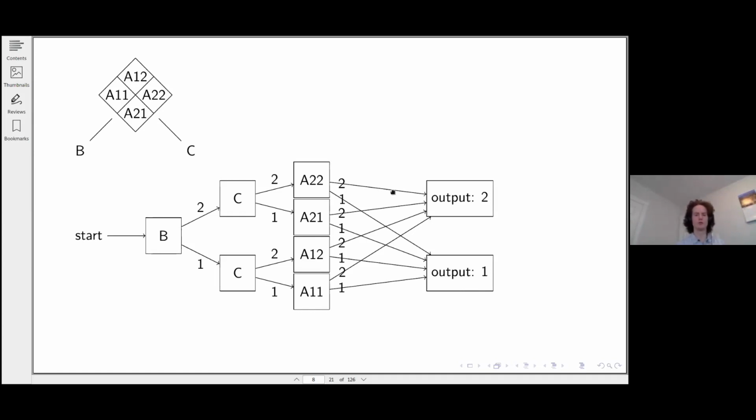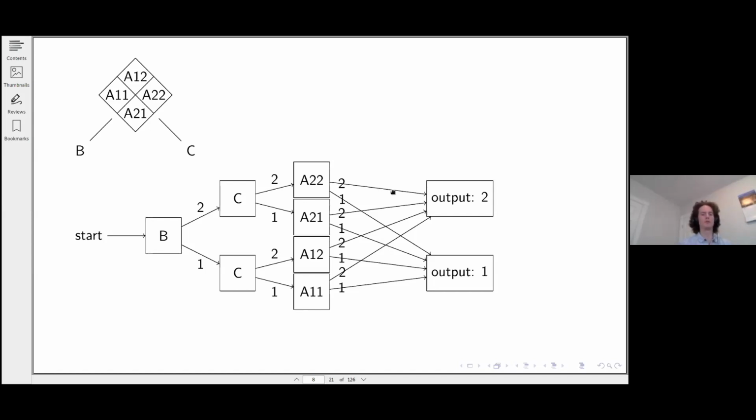So notice, first of all, the states are arranged into layers going from left to right, starting with the starting state and ending with output. All of the branching programs that I'm going to talk about today are going to be arranged in layers like this.